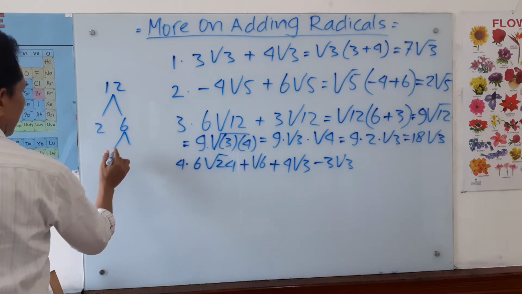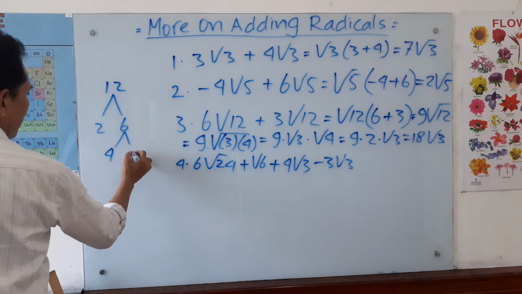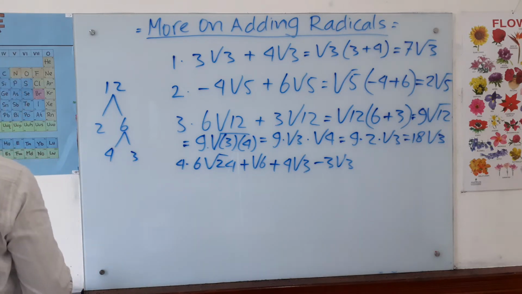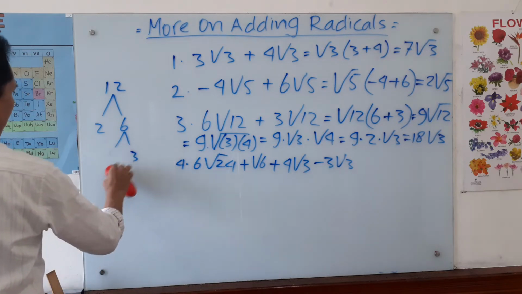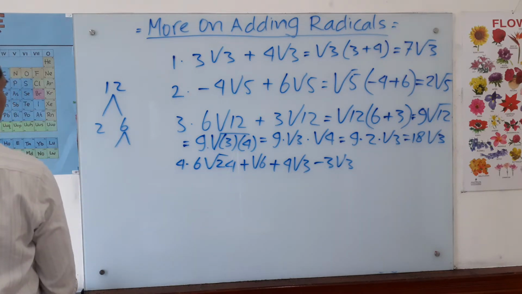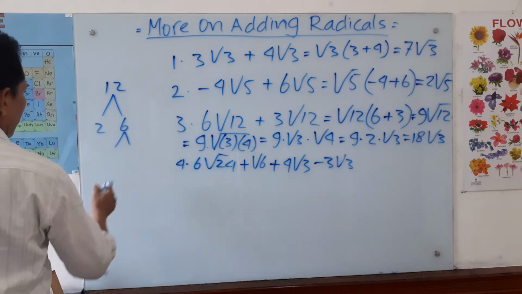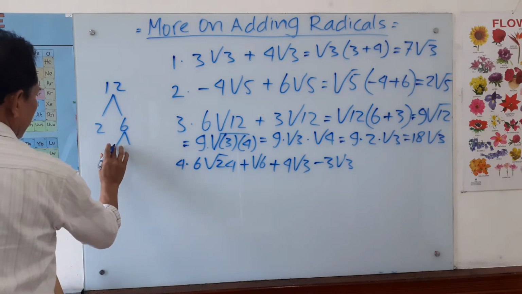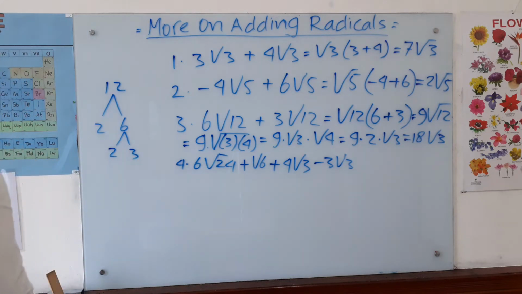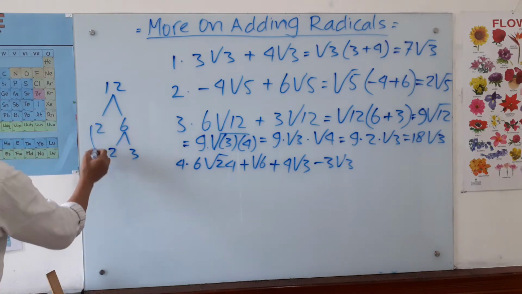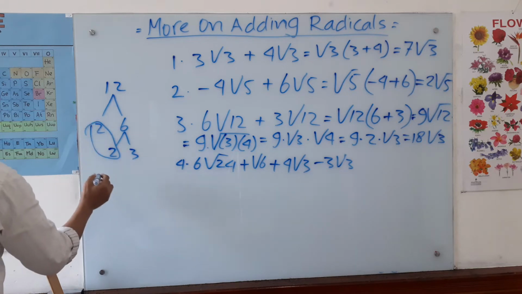This is 4, 3. Oh, no. What did I do? So 2, and this one is 2 and 3. Okay, so we take this together, we put them together.